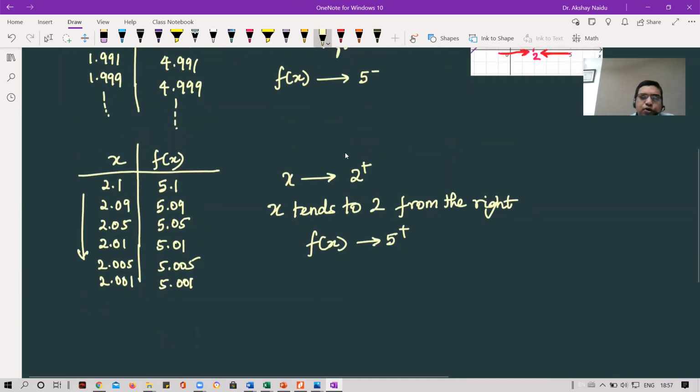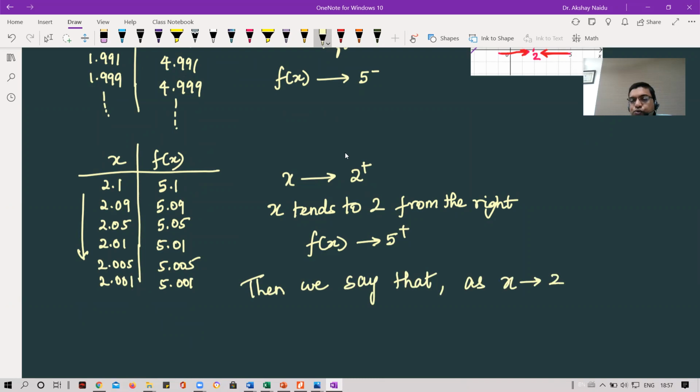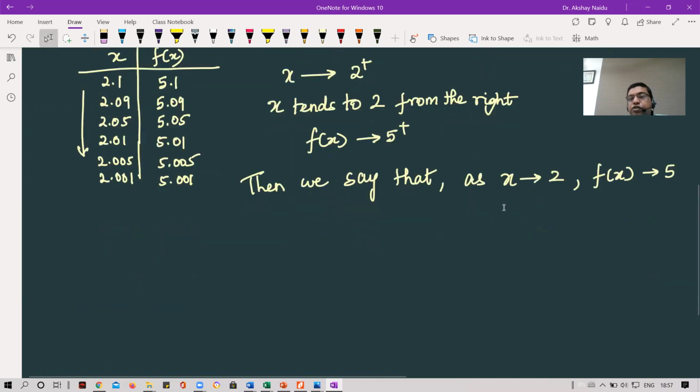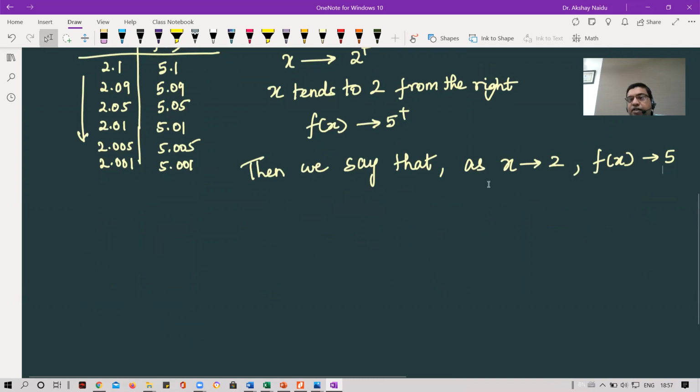So both when you are tending from the left and from the right, it is approaching the same value. Then we say that as x tends to 2, f of x tends to 5, because from left and right both f of x is approaching 5 only, there is no difference.